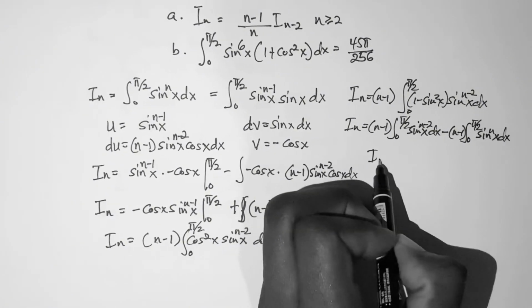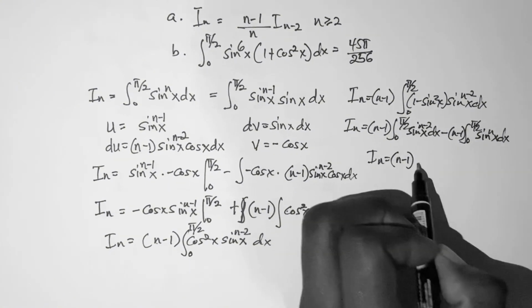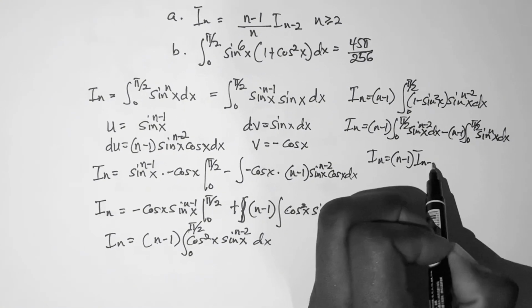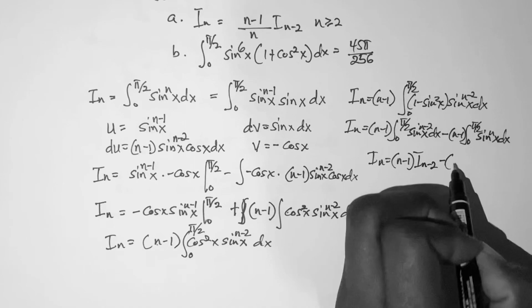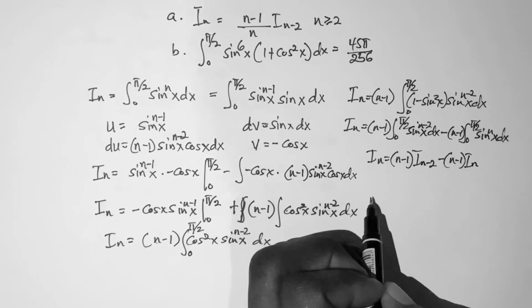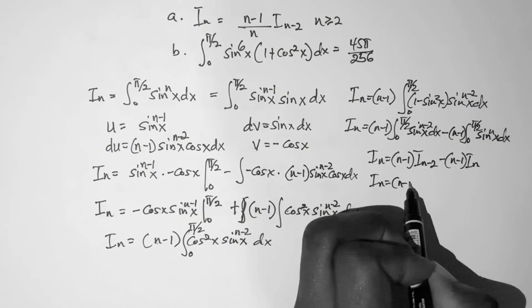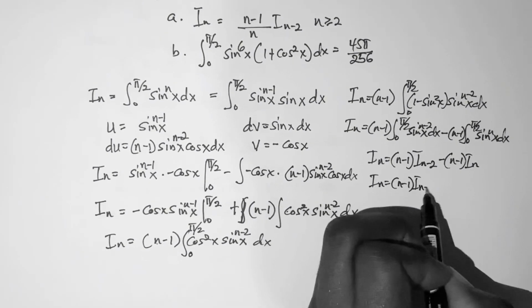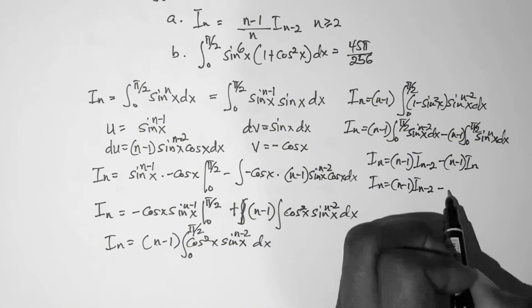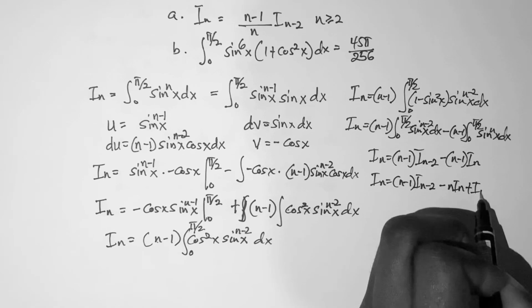So I of n is equal to n minus 1, here is I of n minus 2, then minus into bracket n minus 1, then this part is I of n. So let's expand. I of n is equal to into bracket n minus 1 times I of n minus 2, then minus n I of n, then plus I of n.